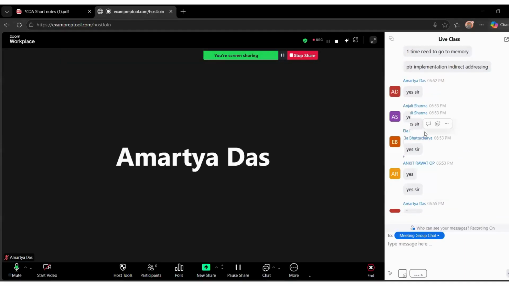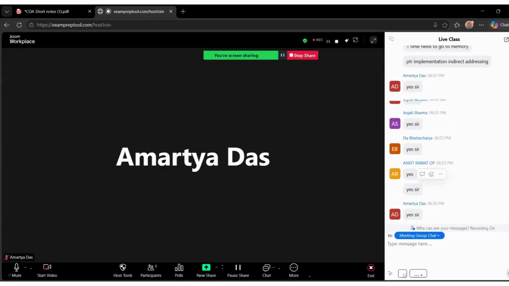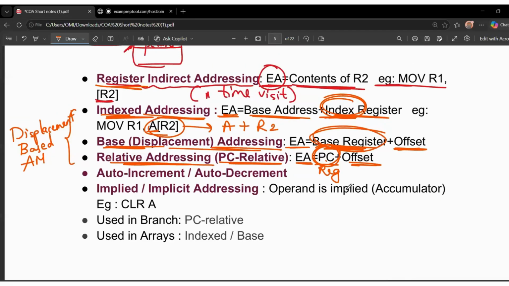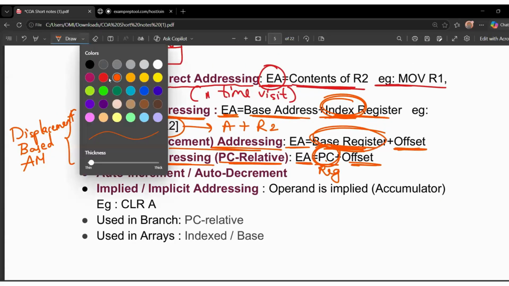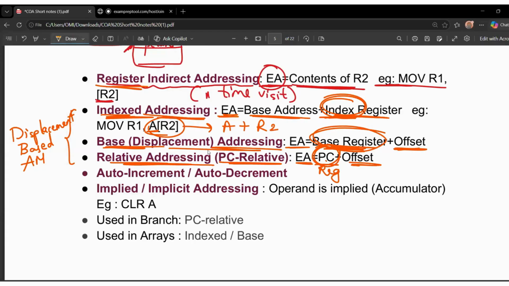How many of you recall this thing? We have seen some of the questions also, related to PC relative addressing. And I told that index addressing is used for implementation of array.